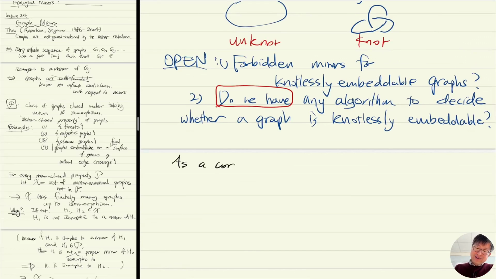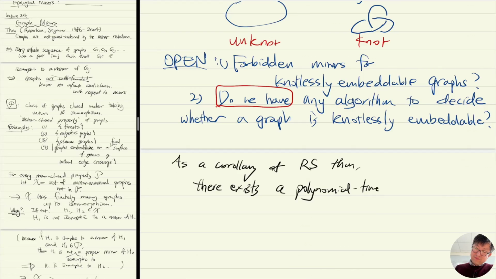As a corollary of the Robertson-Seymour theorem, there exists a polynomial time algorithm to decide whether a graph is non-linearly embeddable.